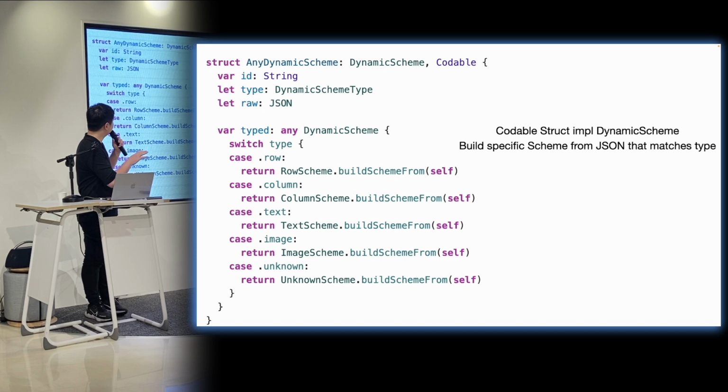According to its type, this type property builds the row scheme, column scheme, text scheme, and so on from the JSON.